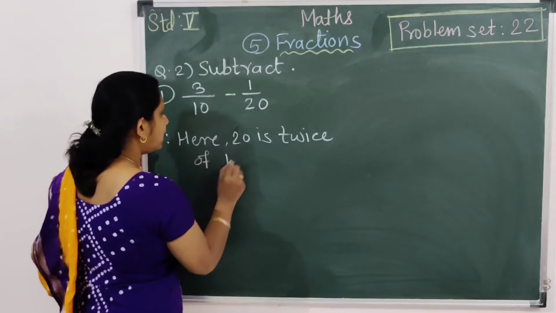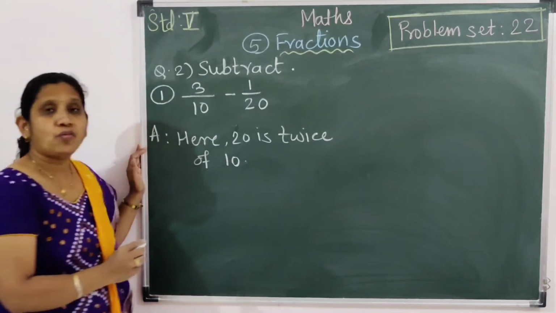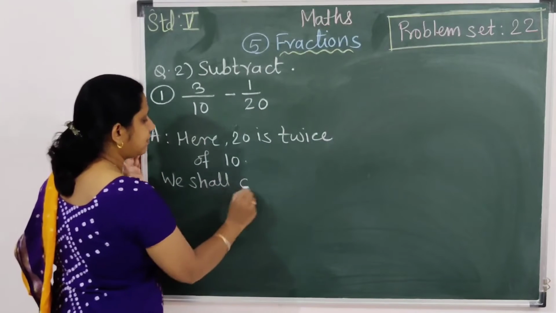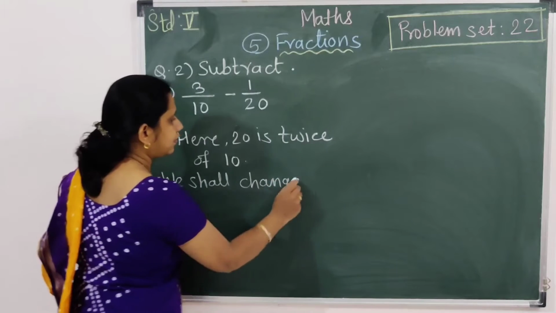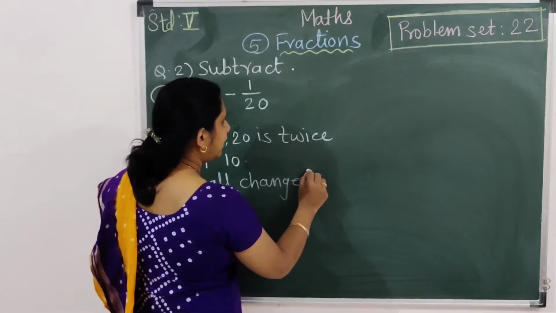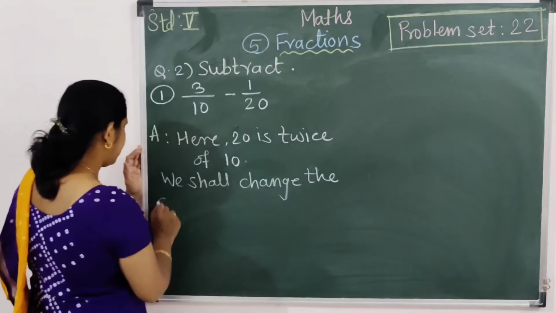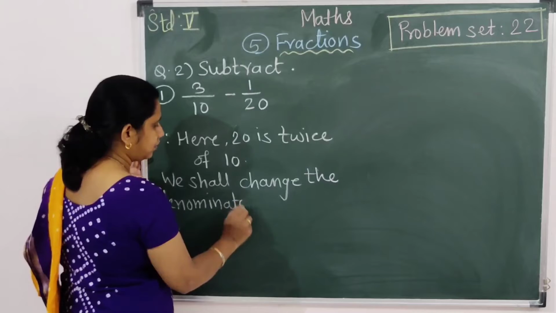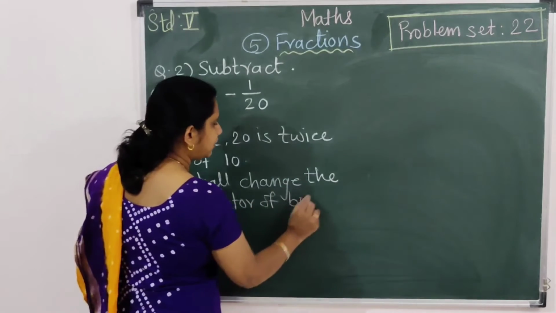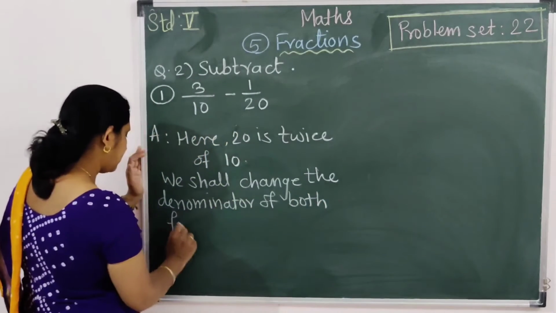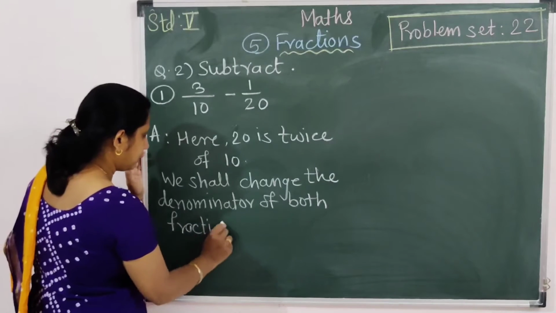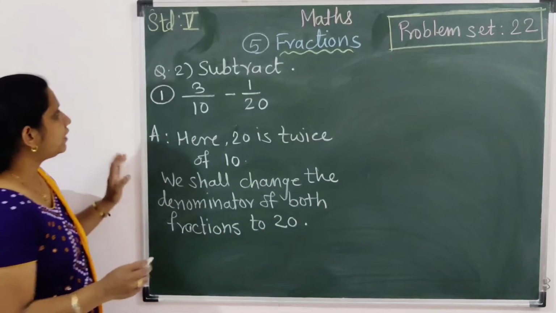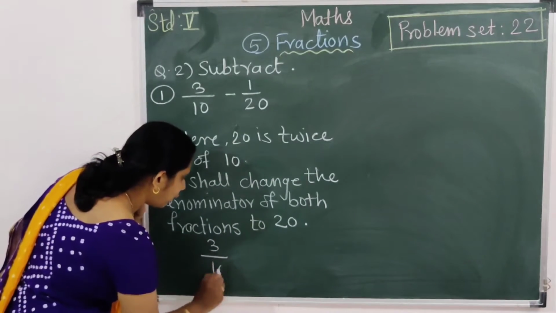So we shall change the denominator of both fractions to 20. Alright. So let us write first fraction 3 upon 10.